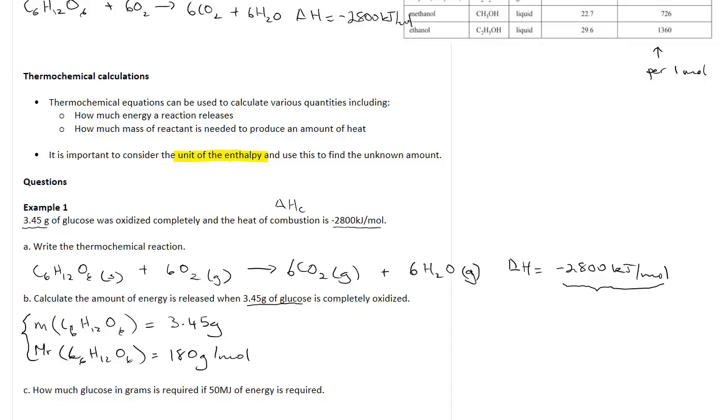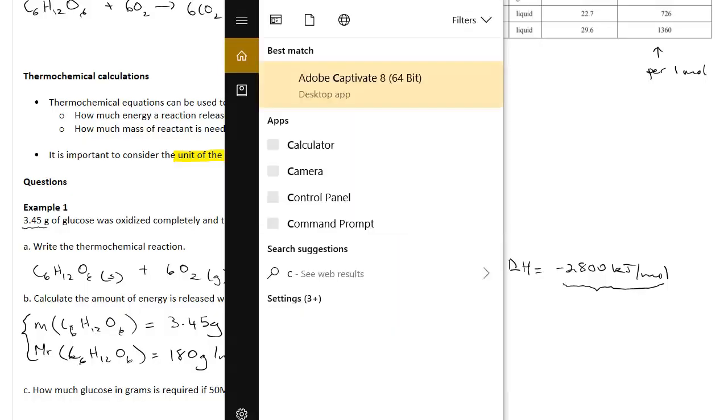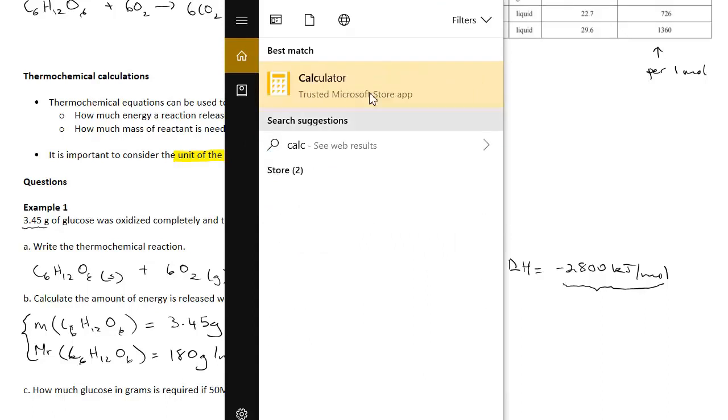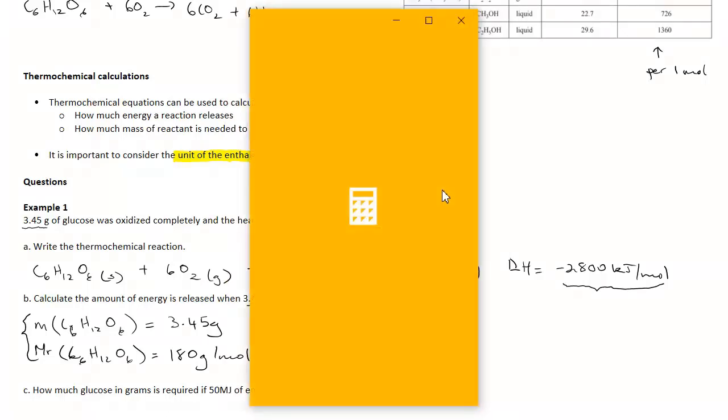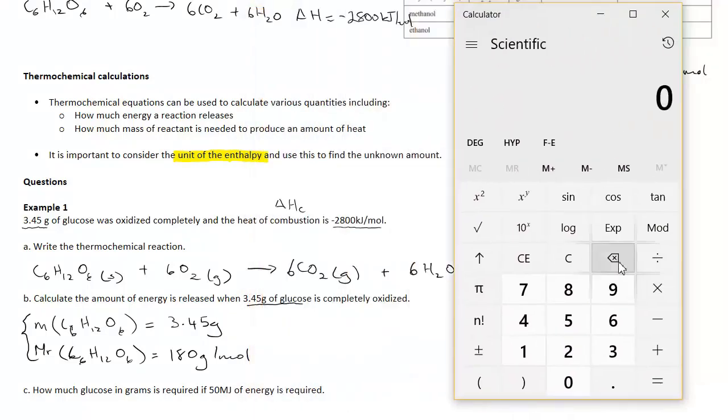glucose. So I'm just going to get my calculator out. Okay, so we're just going to use this. We know we have 3.45 divided by 180. Okay, so we can see our answer there.